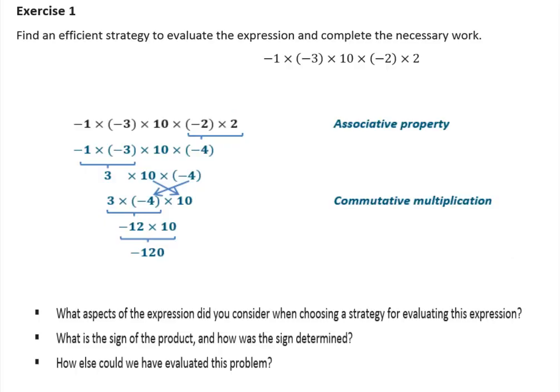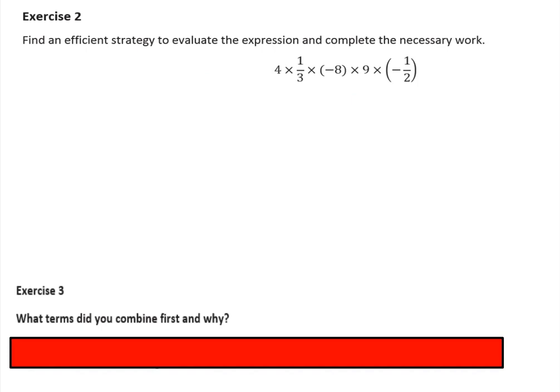Okay, on this next one, we're going to go to exercise 2, and it says find an efficient strategy to evaluate this expression and complete the work. Okay, so I'm looking at those fractions, and I don't really like those fractions.